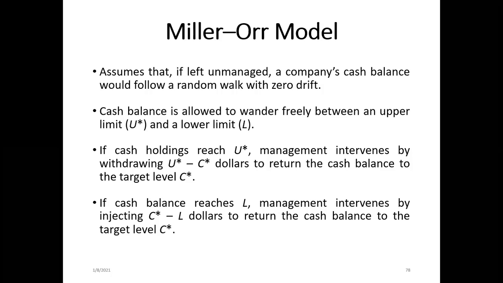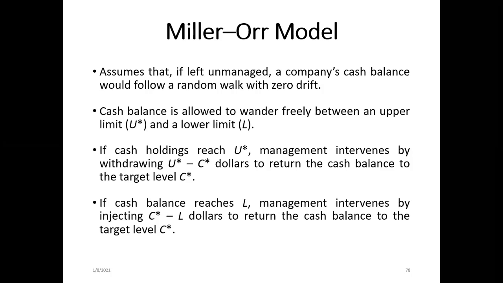The cash balance is allowed to wander freely between the upper limit and the lower limit. The maximum limit is called the upper limit, and the lowest level is the lower limit. In between, we have to find a balance called the optimum cash balance requirement, or the return point.